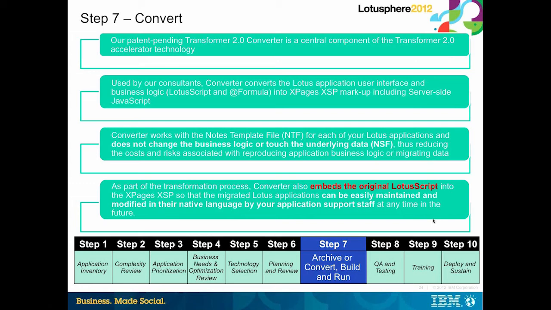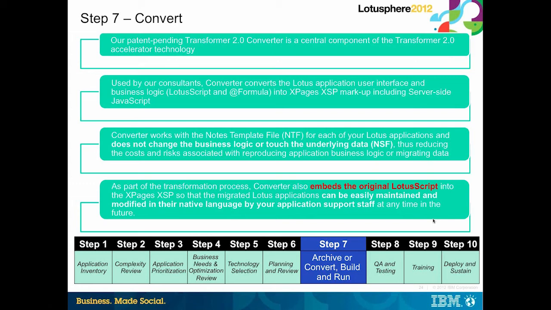One of the value adds that we bring to the table, and again, I've highlighted it in red there, because a lot of people have trouble getting their heads around this, is part of what we've done is actually written a Lotus script to Java converter. We actually parse all of the Lotus script logic in your existing application, and we create Java binaries from that.